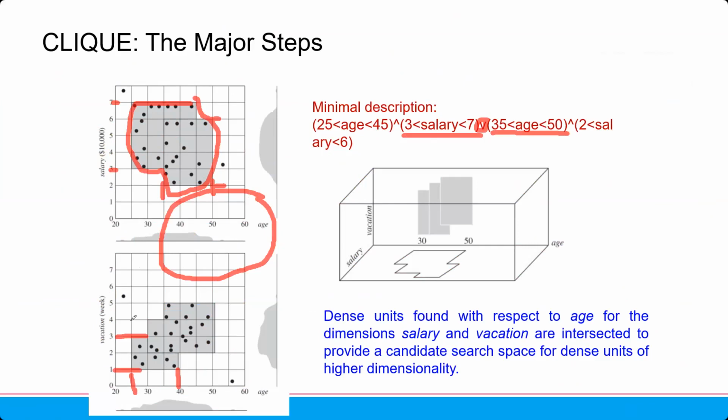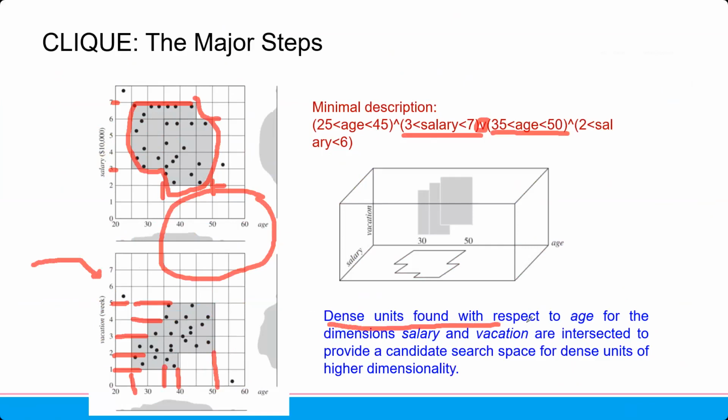And then we have another condition: the vacation weeks between 1 until 4. There is another condition, the vacation between 2 until 5, and the age is between 35 and 50. So we call this the minimal description for these clusters.